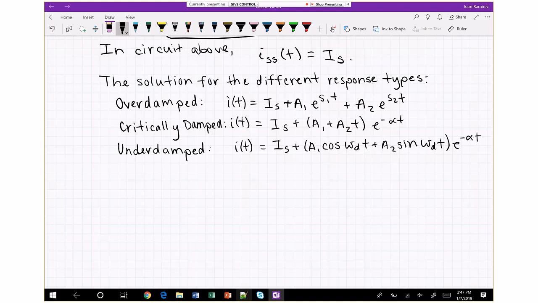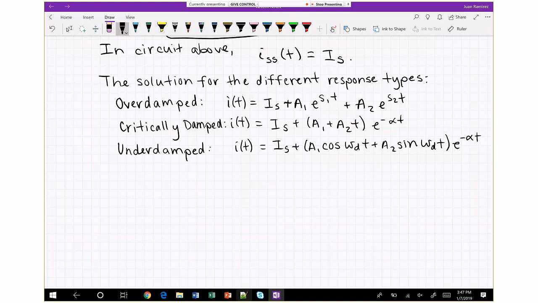Okay, so that's the solution for the different types of response for the circuit that we just analyzed. Again, the general solution will be x of t, which could be voltage or current, equal to the transient response, x_t of t, plus the steady state response, x_ss of t.